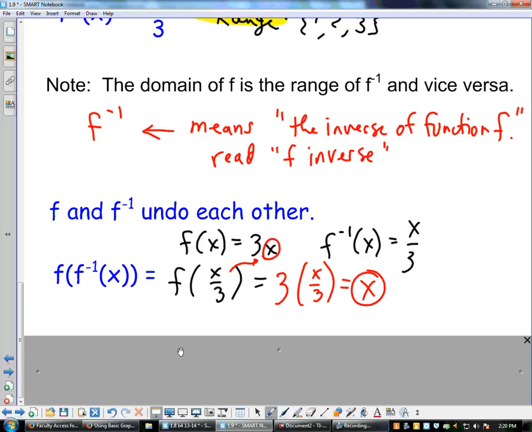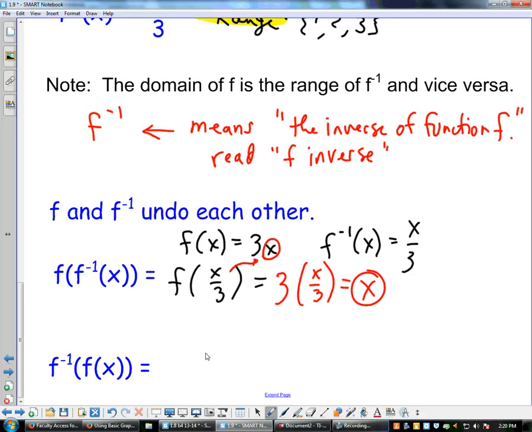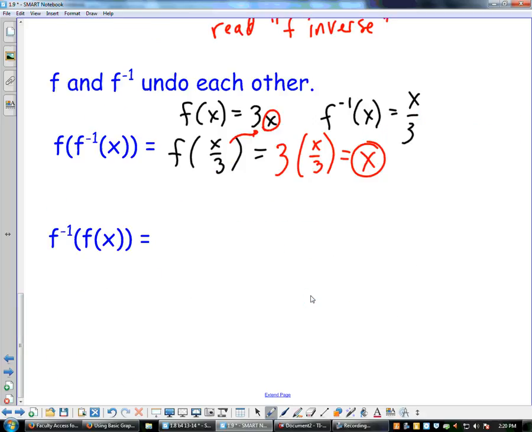So f of f inverse of x is always going to be x, and f inverse of f of x is always going to be x, because they always undo each other. So we could do the same thing with f inverse of f of x. In this case, f of x was equal to 3x.